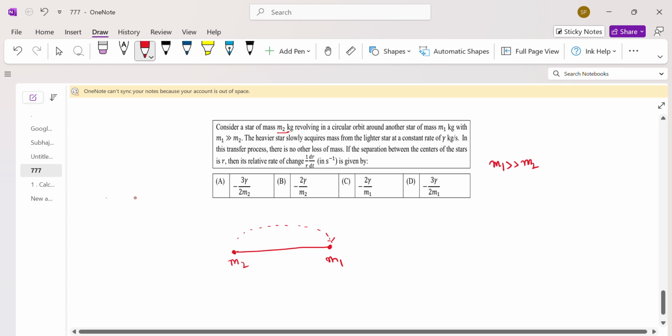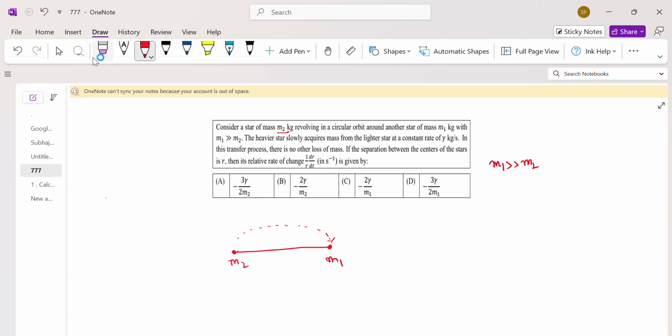This is a standard process when an object is moving around a black hole. Because of the high gravity of the black hole, the smaller mass starts breaking down into small fragments, and those fragments start spiraling and move into this m1. So this is how a mass is being dissolved in a black hole.